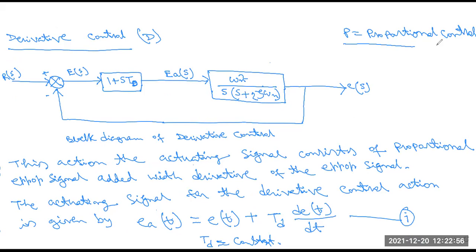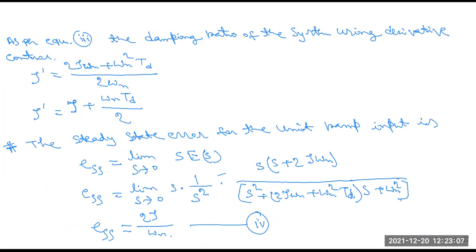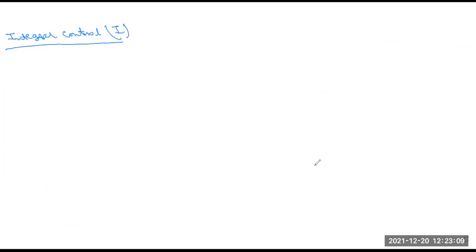So P for proportional controller, D for derivative controller, and I for integral controller. And the last, the summation part, P plus I plus D, is the proportional plus integral plus derivative controller.